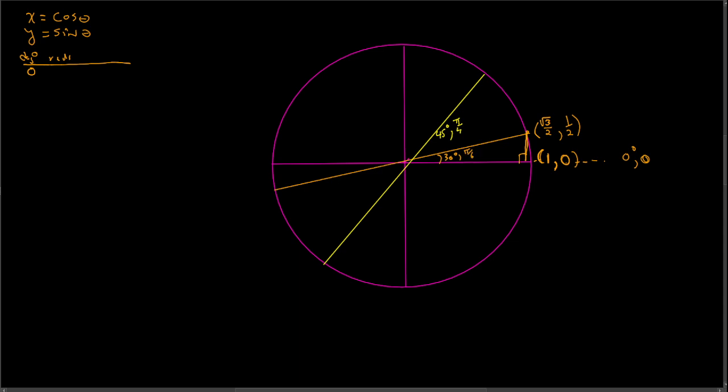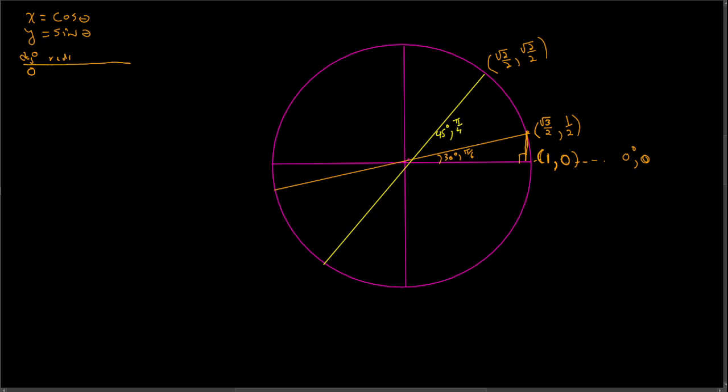And as we noted with our triangles, this is going to be √2/2, comma, √2/2, because the cosine value of 45 degrees is √2/2, and the sine value is √2/2. And then we're going to do the 60-degree angle.